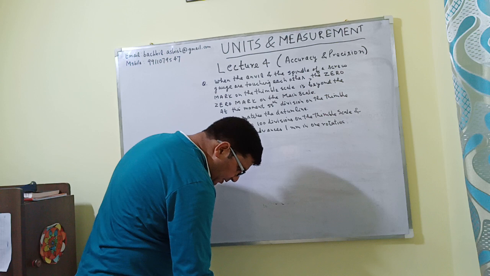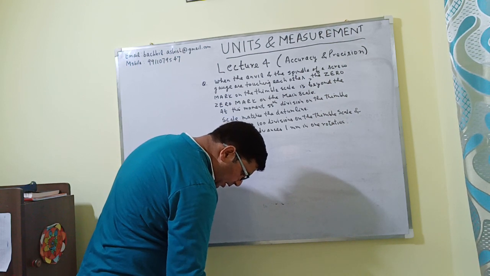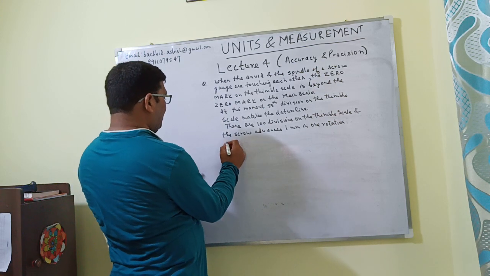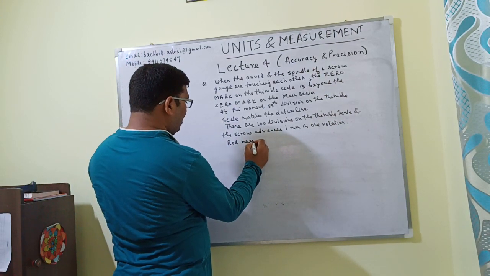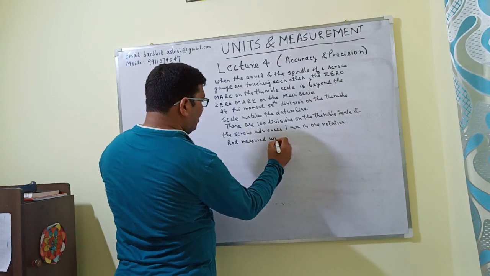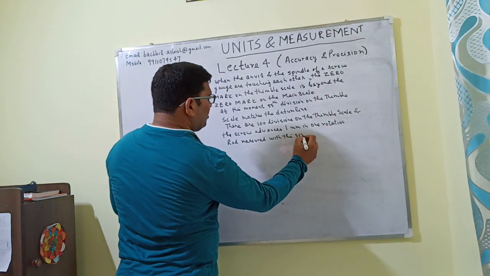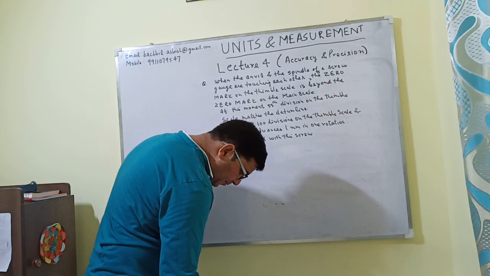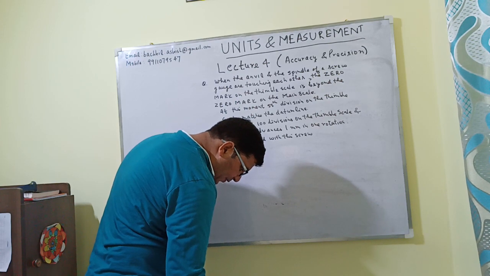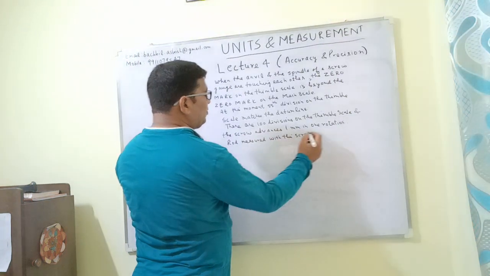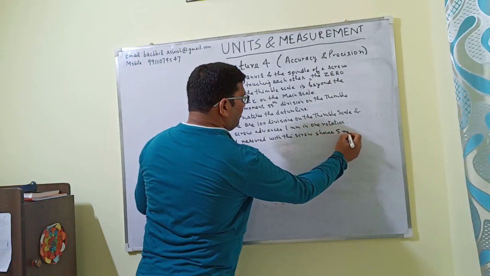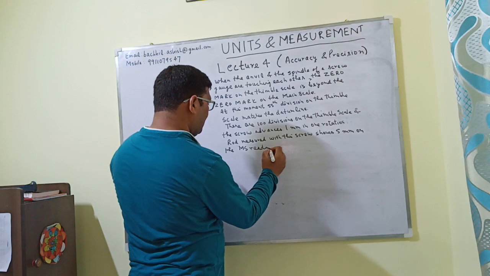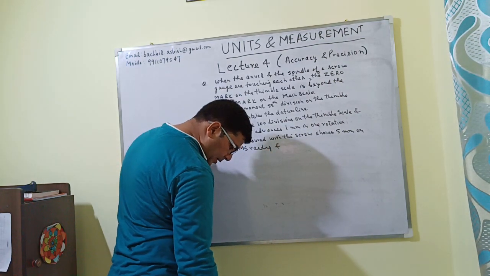A rod of diameter D is measured with this screw gauge. The rod measured with this screw gauge shows 5 mm on the main scale reading and 12 on the thimble scale.